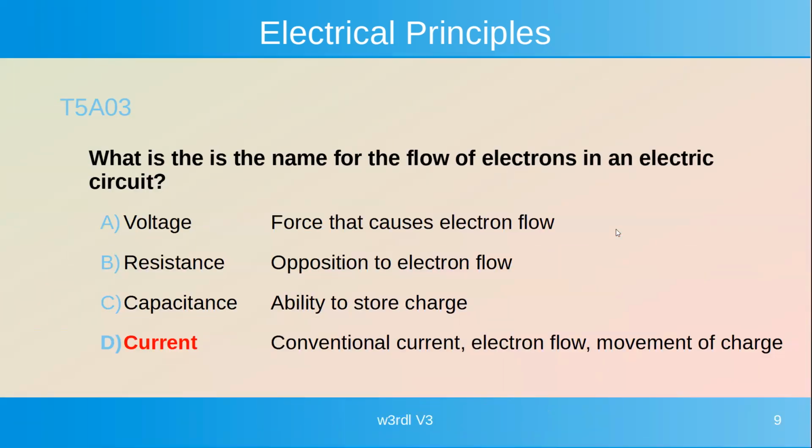So voltage is the force that causes the flow. Resistance is the opposition to the flow. Capacitance, again, is the ability to store charge in an electric field, and we haven't got to capacitance yet. And current is the conventional current, or even the electron flow, the movement of charge.